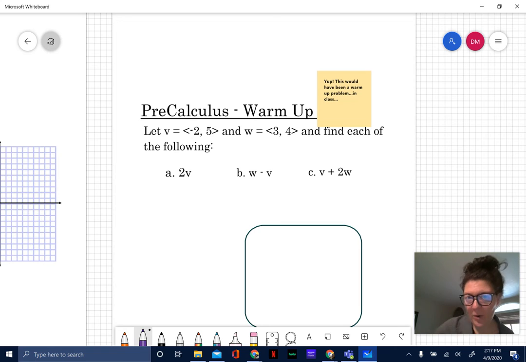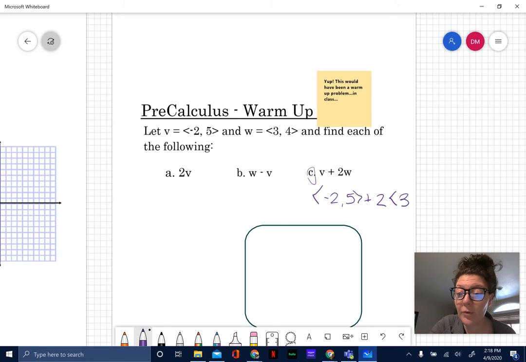Yep, this would have been a warm-up problem. Let's say part C right here, where I'm combining those operations. I'm taking v, which is <-2, 5>, and adding the result of multiplying w by 2. So I would do my order of operations.